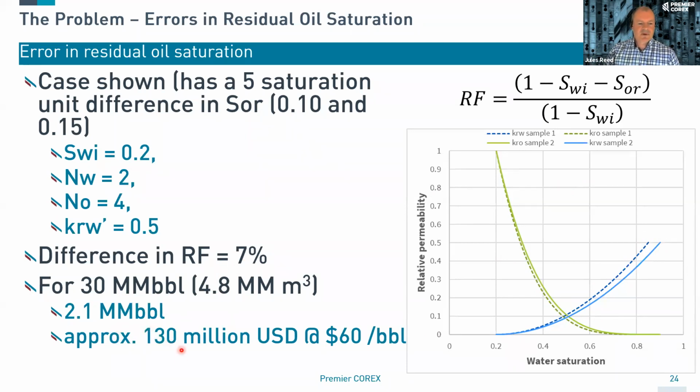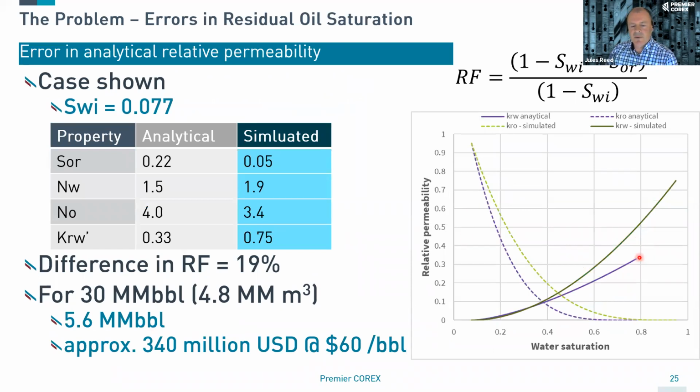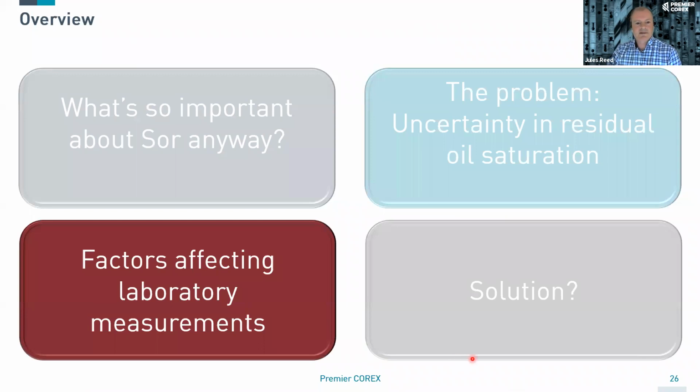That's approximately $130 million of uncertainty or missed oil because of an error in residual saturation. In another one, this was the laboratory output without artifacts being accounted for. This is it simulated with all artifacts accounted for. That's a 19% recovery factor, which ultimately equates to $340 million of uncertainty between these two curves. So it can have a significant impact.